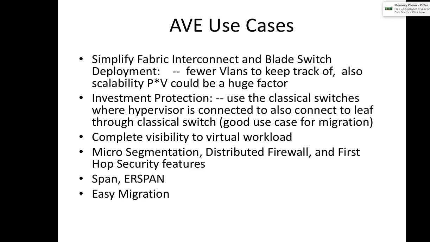What about the use cases? AVE use cases simplify fabric interconnect and blade switch deployment. So fewer VLANs to keep track of, because we are encapsulating everything over VXLAN and there is a tunnel from the leaf to the AVE switch.